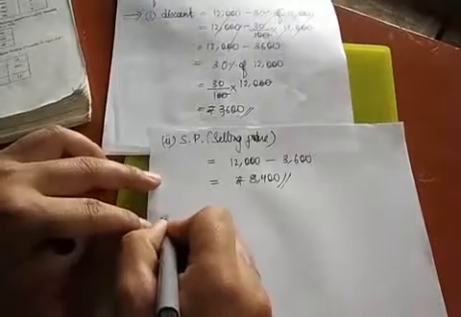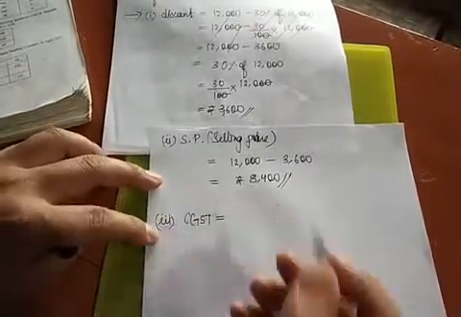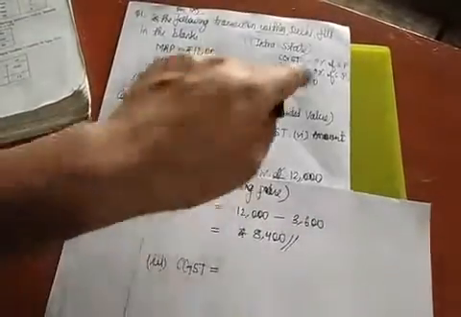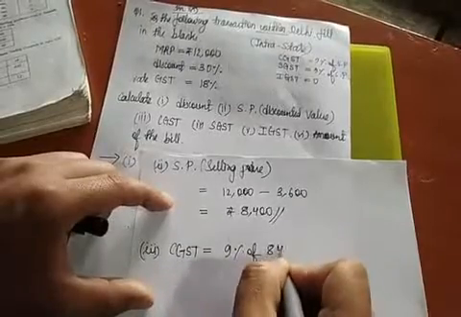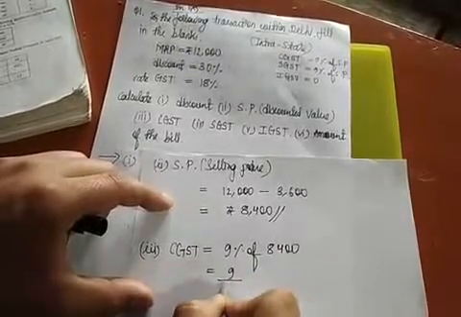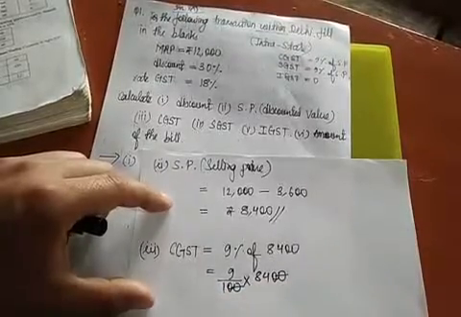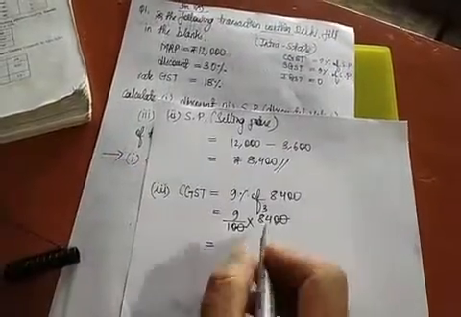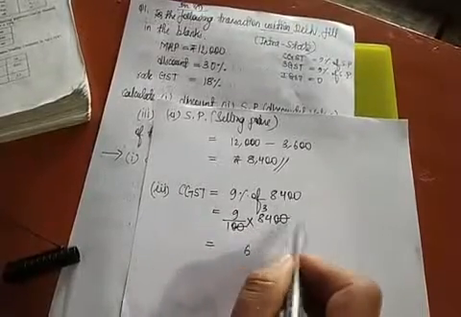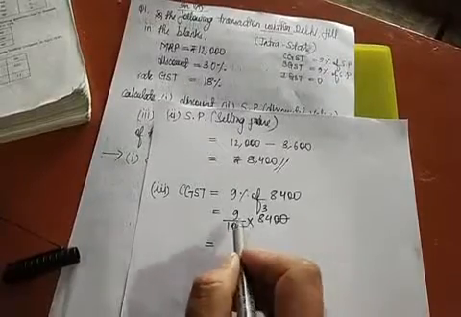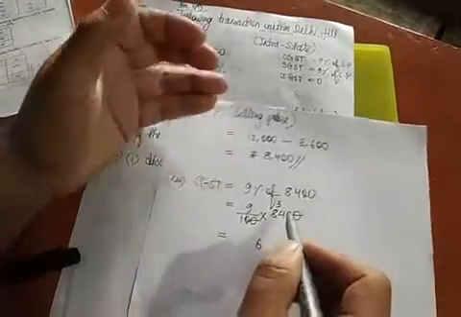Now number 3, we are asked to find CGST. Since the rate of GST was 18%, CGST is going to be 9%. So we have to calculate 9% of 8400, that is 9 by 100 into 8400. The hundreds cancel out, and you do the calculation: 9 into 84, 9 fours are 36, 9 eights are 72, 72 plus 3 is 75.